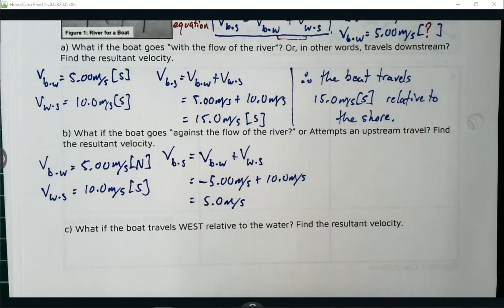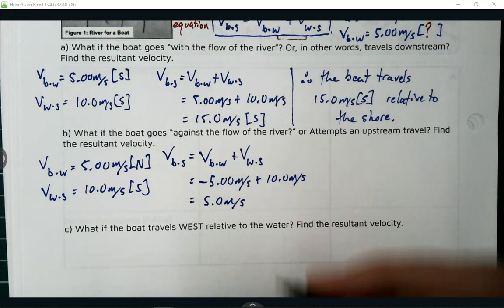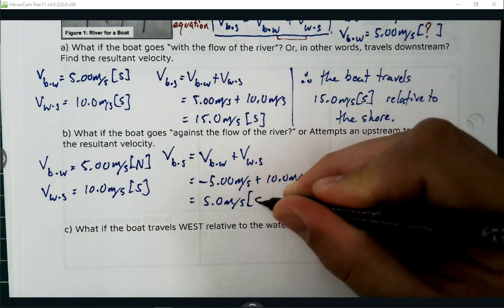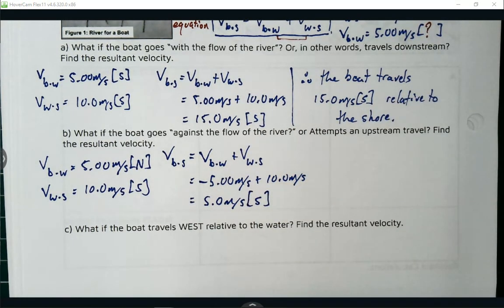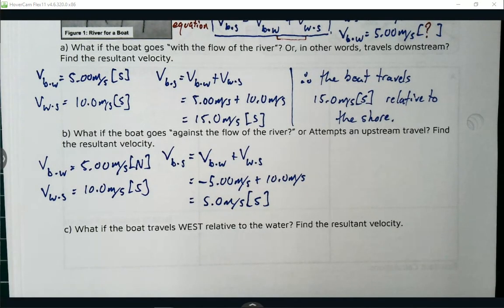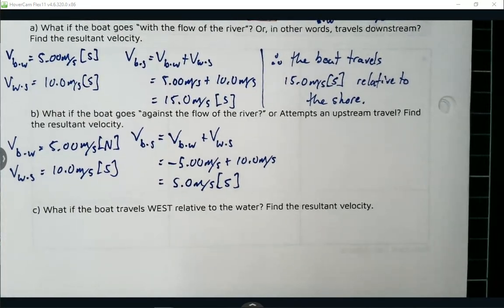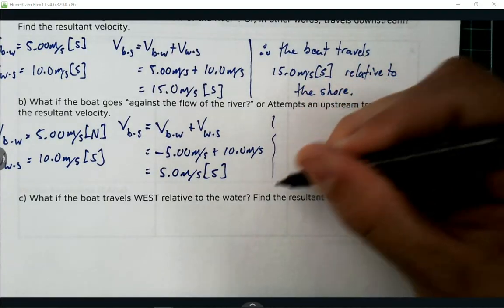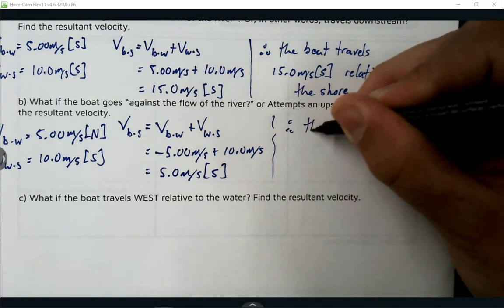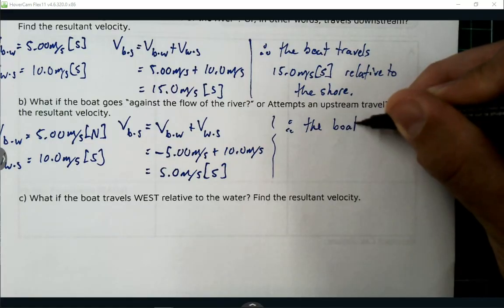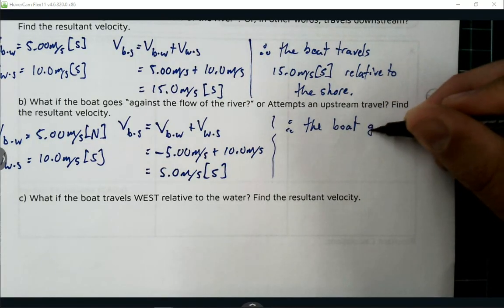But 5.0 meters per second positive means south in this case. We're getting washed backwards. Which might not be so terrifying if there's no waterfalls. Okay. And so we can say, therefore, in context, the boat gets washed downstream.